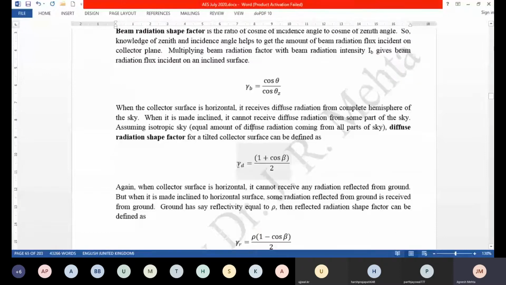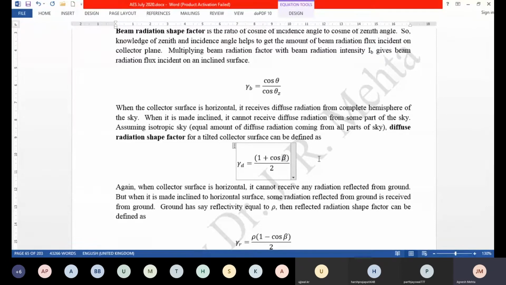Now what about the diffuse radiation shape factor? The value is 1 plus cos beta upon 2. Now, what could be the maximum value of cos beta? Obviously 1. So 1 plus 1, 2 divided by 2. So the maximum value of the diffuse radiation shape factor is 1 when beta is equal to 0 degrees. Beta equal to 0 degrees means the collector is horizontal, right?